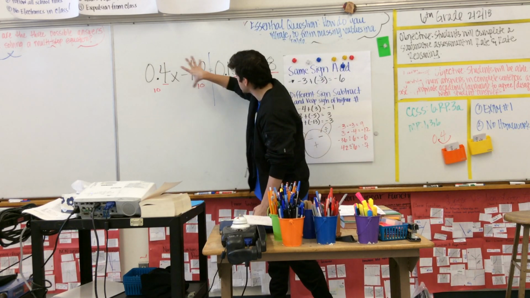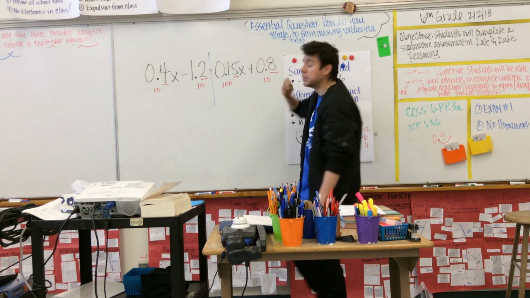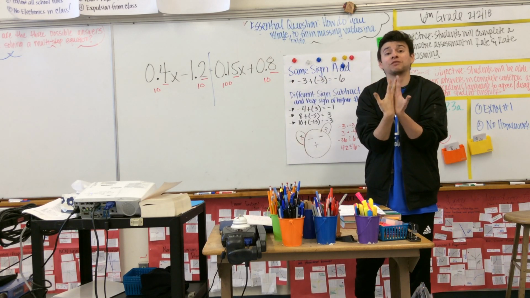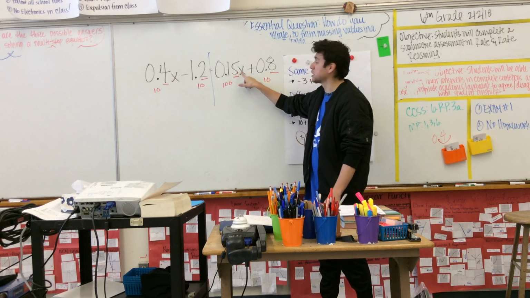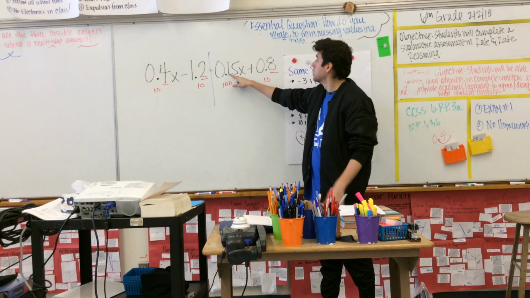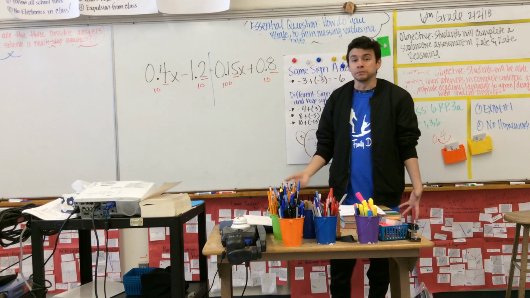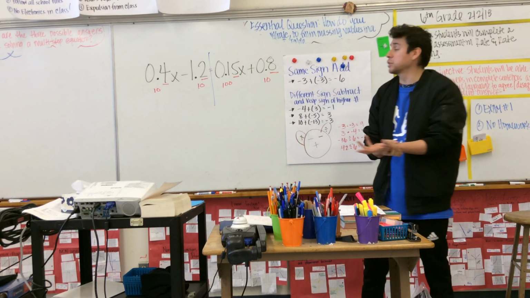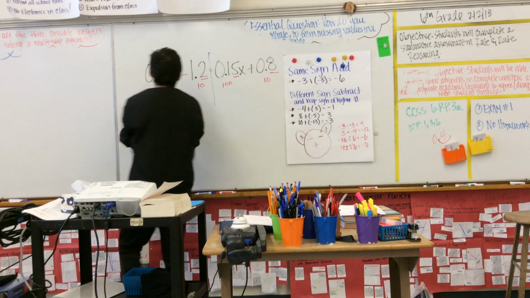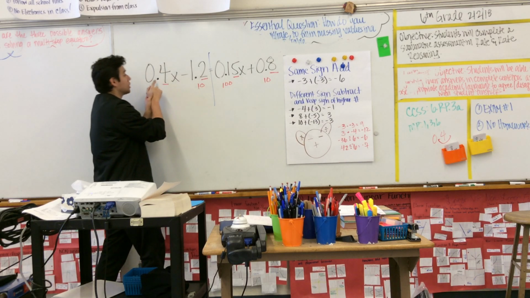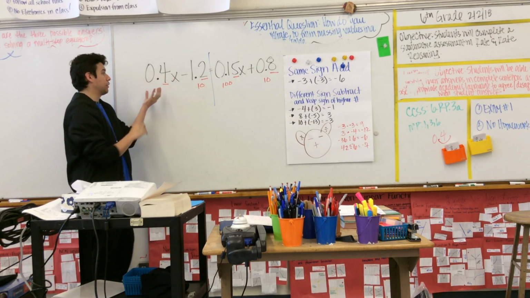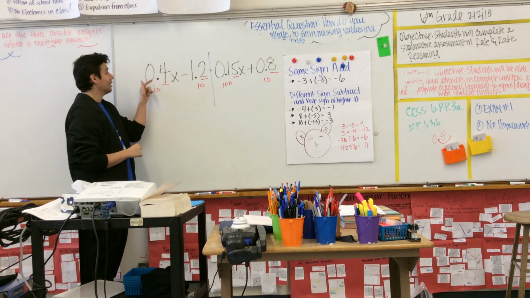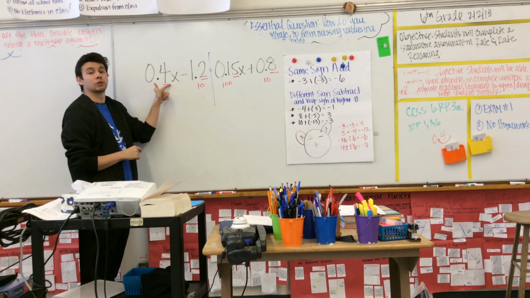multiply every single term here by the largest power of 10. The reason why you do that is eventually you're going to make that decimal disappear by moving it to the right. Hopefully you learned in elementary school that if you multiply by a power of 10, your decimal moves to the right, based on the number of zeros. So if you multiply this number by 10, the decimal will move one time to the right.